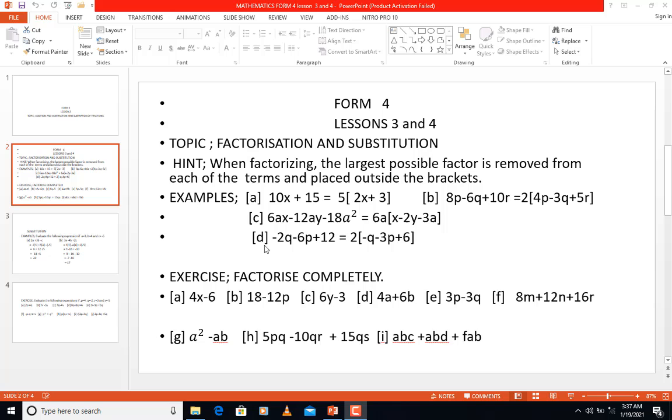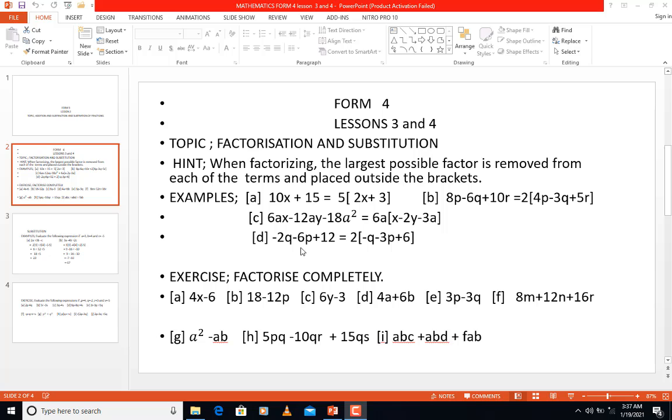Now the last example, D. Minus 2q minus 6p plus 12. Now what is your largest common factor? The largest in terms of numbers is 2.